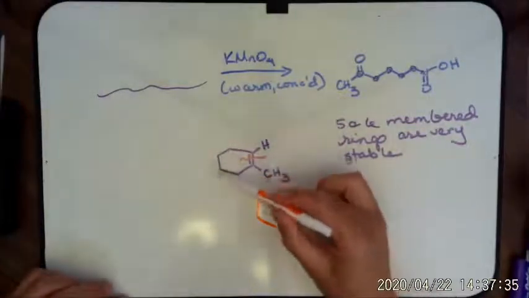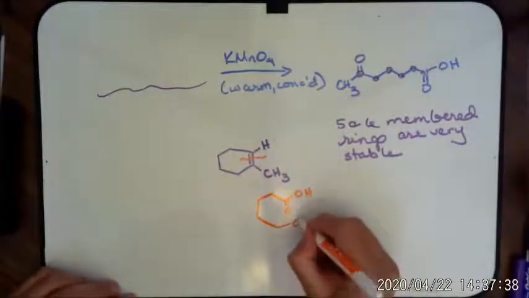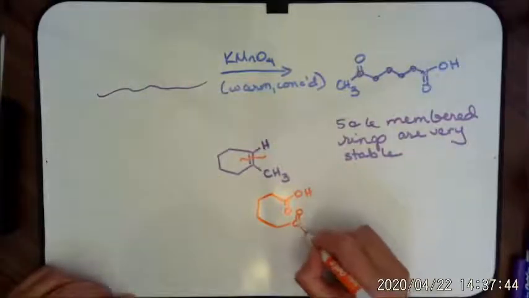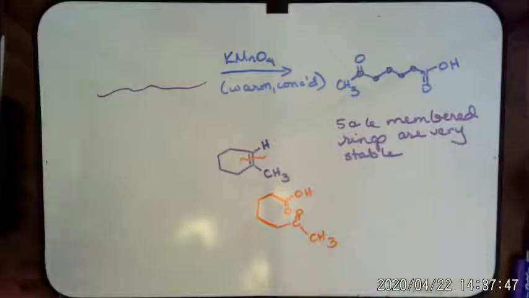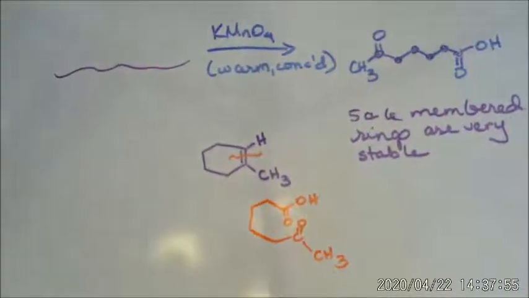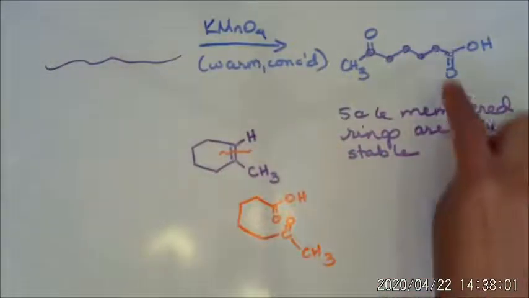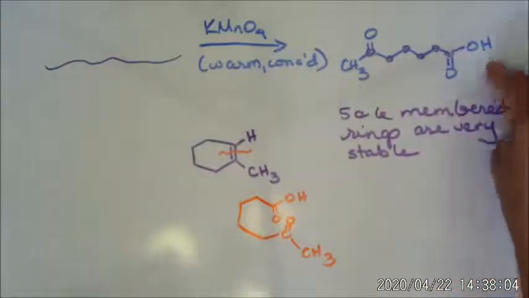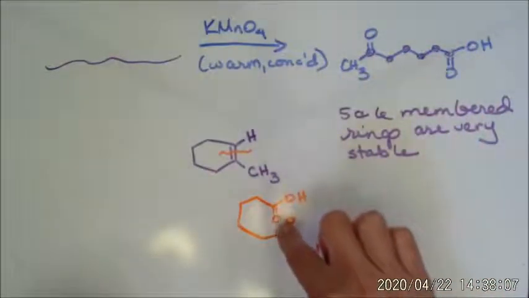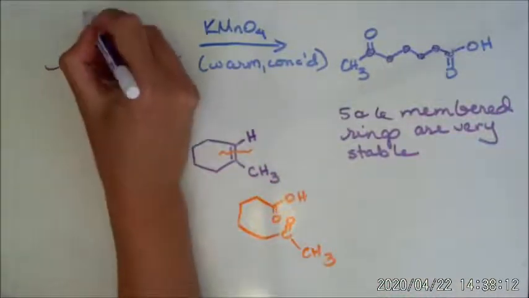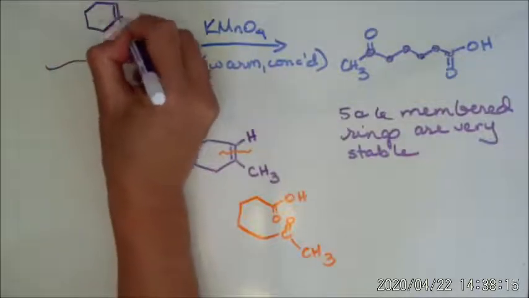And then I'm cleaving here. I get another carbonyl group and then CH3. Let's double check. This is the linear form. If I put it around, I can see this is where I have my double bond, and I put it back together. So my original structure must have been this.